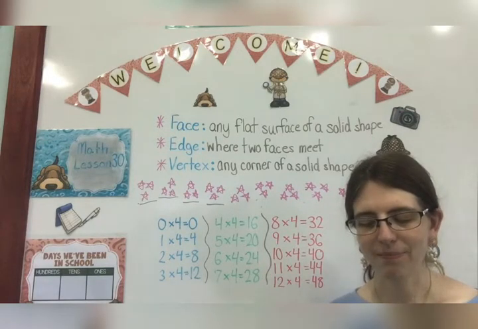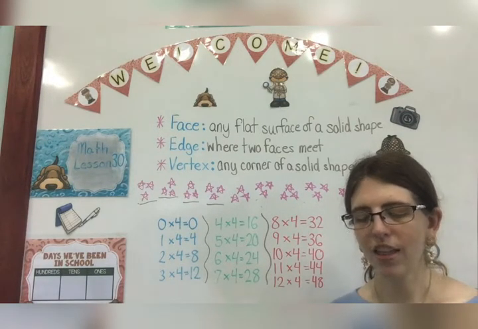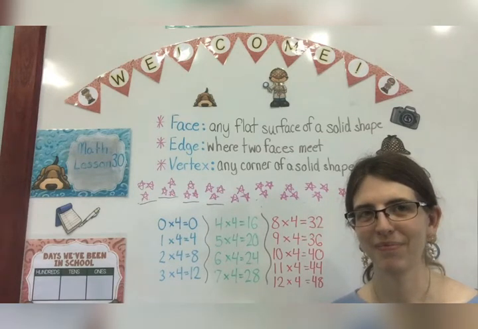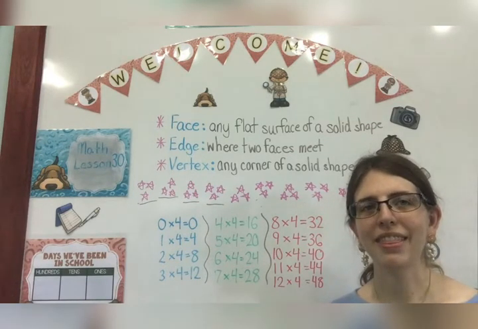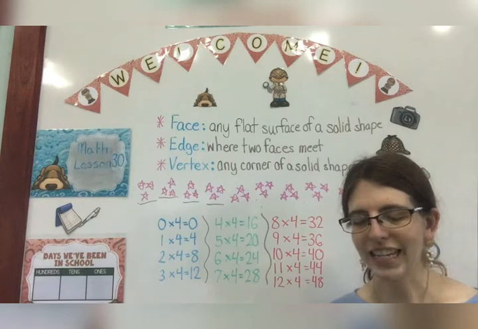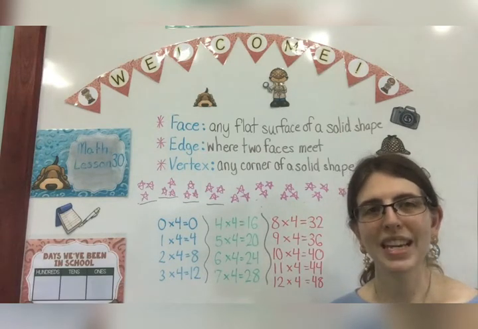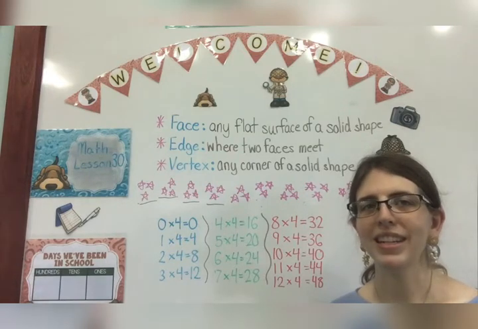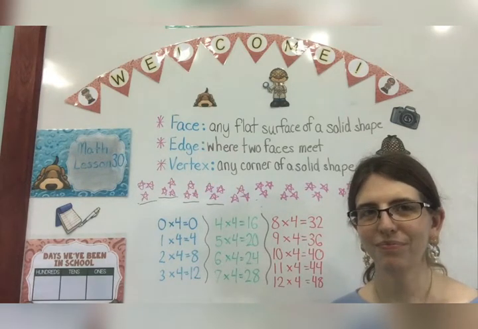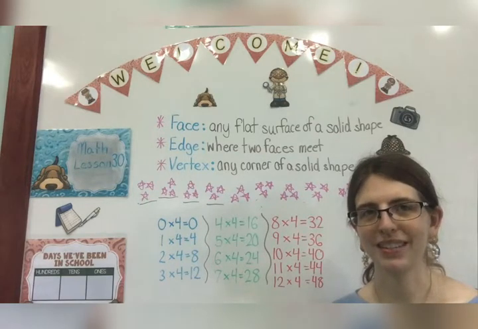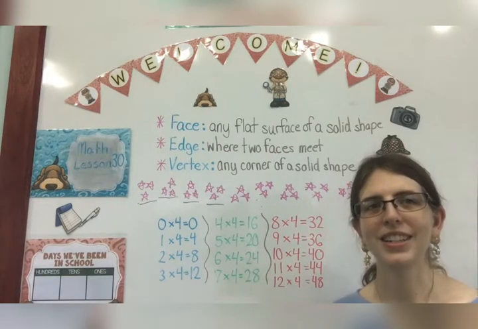Letter C, 800,800. 800,800. Letter D, 302,410. 302,410.